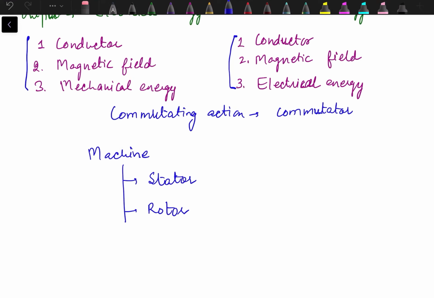And instead of permanent magnets, to produce the magnetic field, we use electromagnets in case of DC machines. The electromagnets have certain advantages over the permanent magnets. We can easily control the magnetic field. They don't lose the magnetism with time. Also, they are more cost effective when the size of the machine is large in comparison to permanent magnets. So that's why we go for electromagnets.